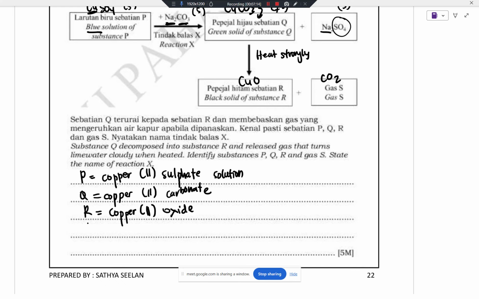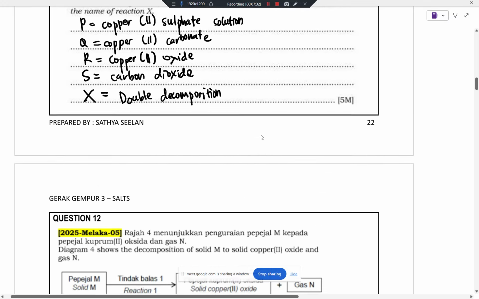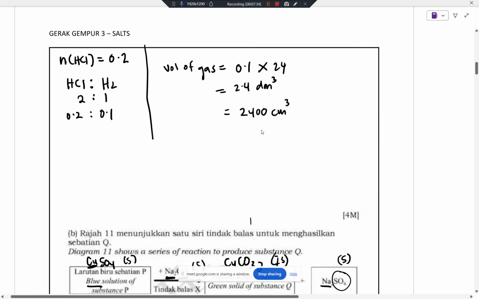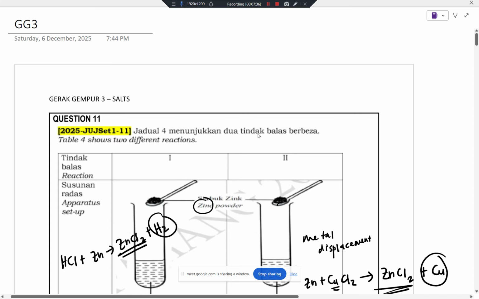And S is definitely carbon dioxide. And reaction X, what do you call it? Double decomposition. So it's basically free 5 marks. Okay, that's all for question 11.